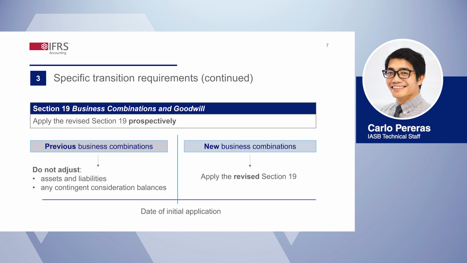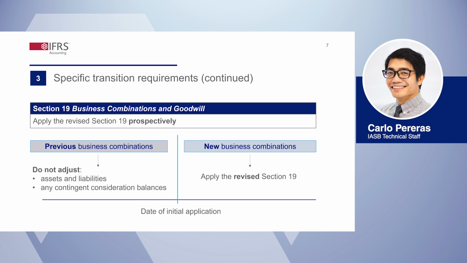In contrast to the general requirement for retrospective application, the revised Section 19 is applied prospectively to business combinations that occur on or after the date of initial application and asset acquisitions that occur on or after the date of initial application. Because of prospective application, an SME does not make any adjustments to the assets or liabilities that it recognized in previous business combinations for which the acquisition date was before the date of initial application.